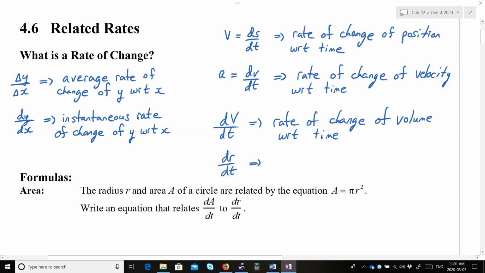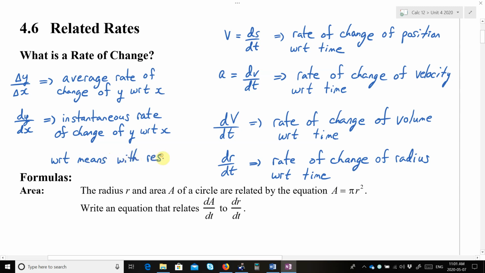And we could even do a dr by dt, which is the rate of change of the radius with respect to time. Okay. So WRT means with respect to.